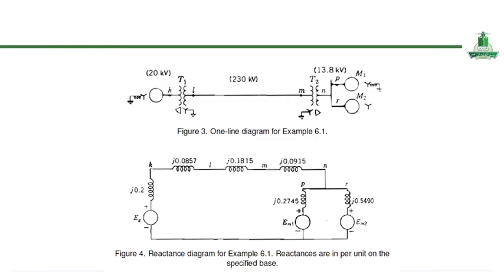response. All right, this slide presents both the single line diagram and its corresponding reactance diagram for a power system under study. In the top diagram, the single line diagram is showing the overall structure of the system, including generator, transformer T1 and T2, transmission lines and motors operating at different voltage levels, 20 kilovolt, 130 kilovolt and 13.8 kilovolt.